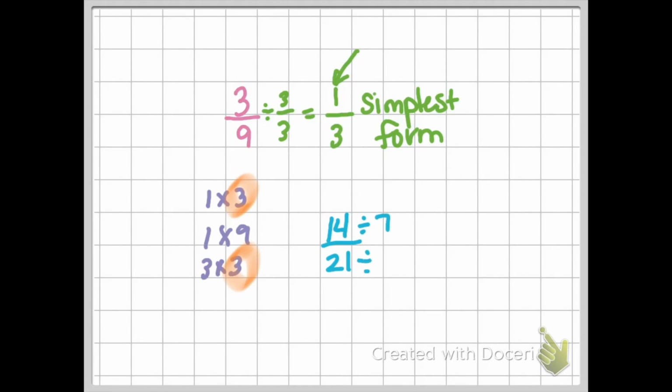And 7 can also be divided into 21. So when I finish dividing this, I get an answer of 2/3. 2 cannot be divided into 3 equally. So that way I know that this fraction is also in simplest form.